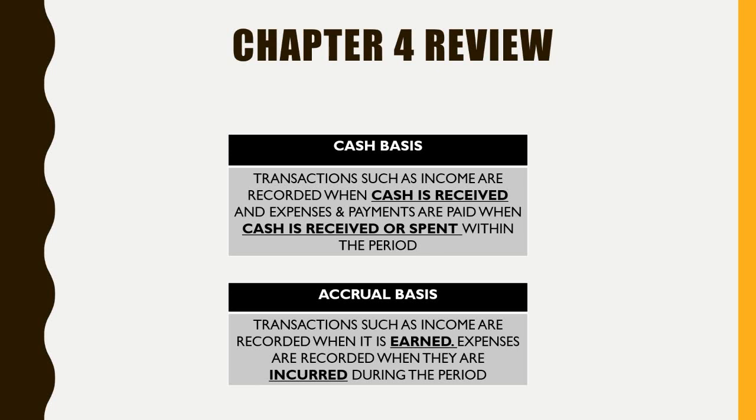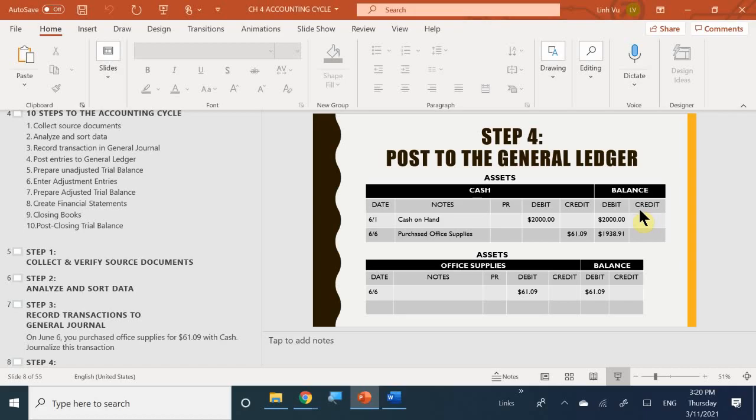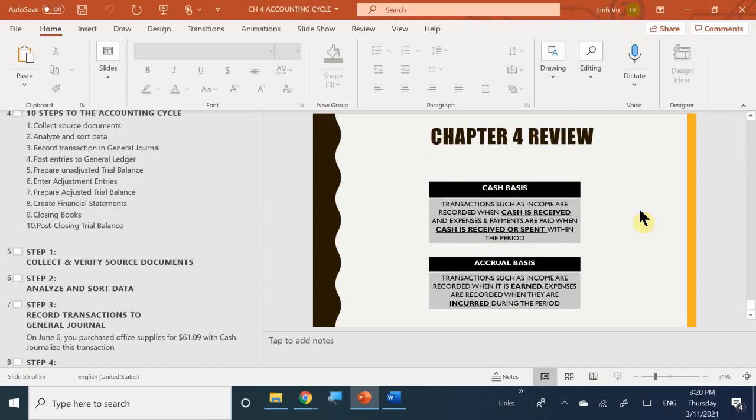And then you record the expense when it has been incurred, the day that the expense happened, regardless of whether you received cash or not. Right? Okay? Any questions in regards to chapter 4?